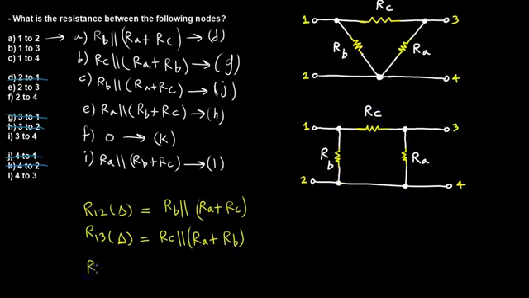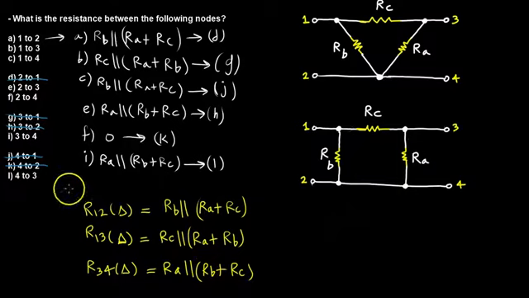And lastly, R34 of a delta is going to be, let's see, 3 to 4 is going to be RA in parallel with the combination of B and C. Let's double check that. 3 and 4 we derived is I, and I is RA in parallel with RB plus RC.